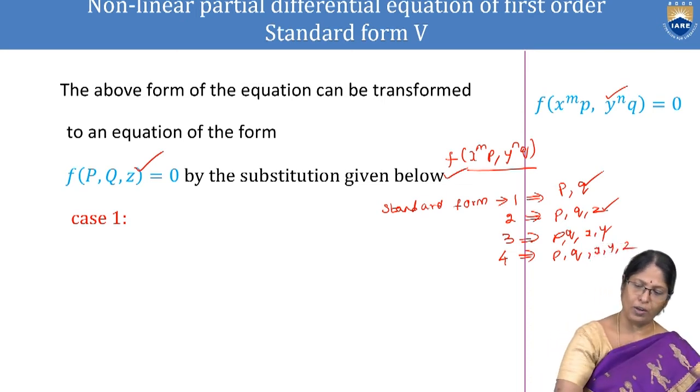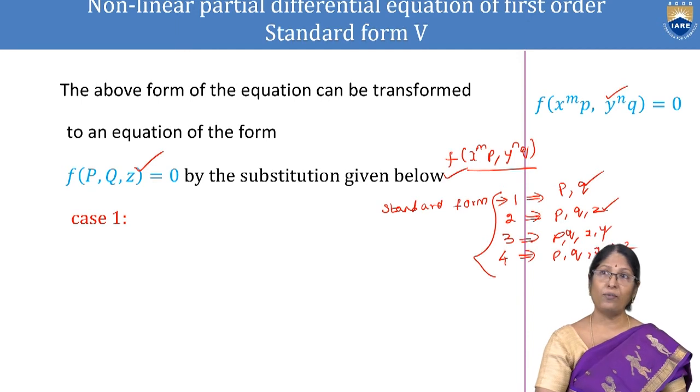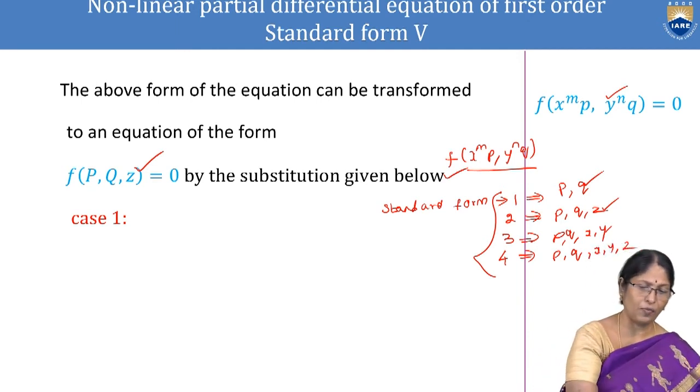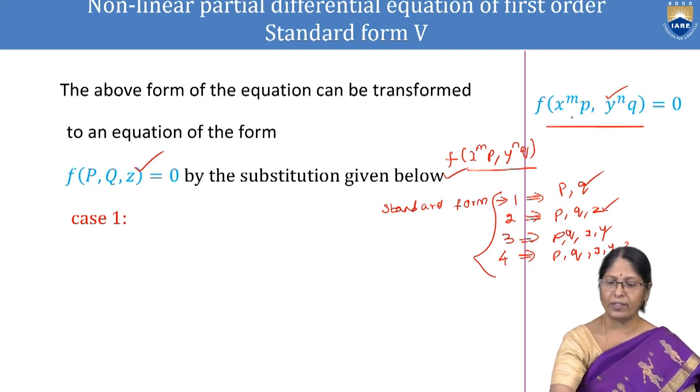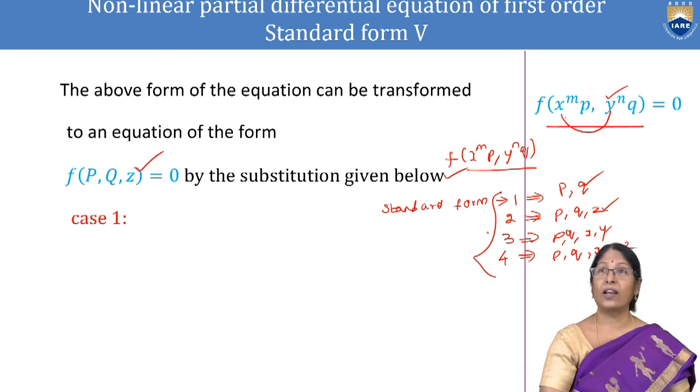Now, if you notice these 4 forms, X and Y do not have any powers. But in standard form 5, X and Y will have powers. That is the difference between standard form 5 and the previous 4 forms.